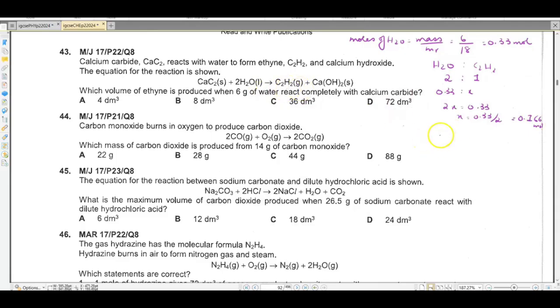We can use the formula moles is equal to volume by molar volume. 0.166 is equal to volume that we need to find over molar volume, as the answer is in decimeter cube, so we are going to use its value of 24 decimeter cubes. 24 into 0.166 is going to give you 4 decimeter cubes. So the volume of ethyne produced when 6 grams of water reacts with calcium carbide is 4 decimeter cubes.